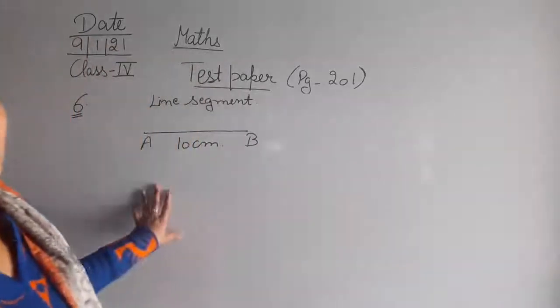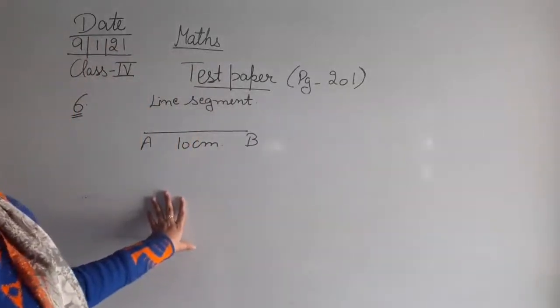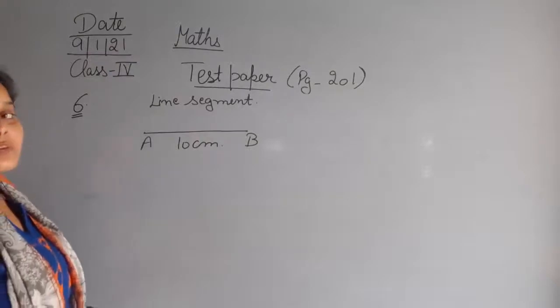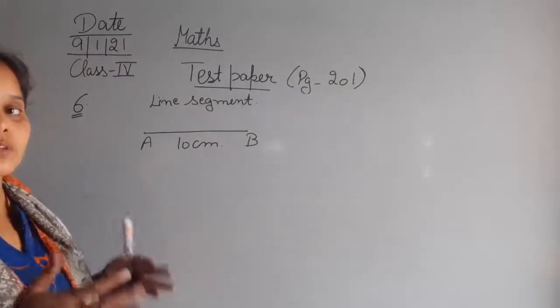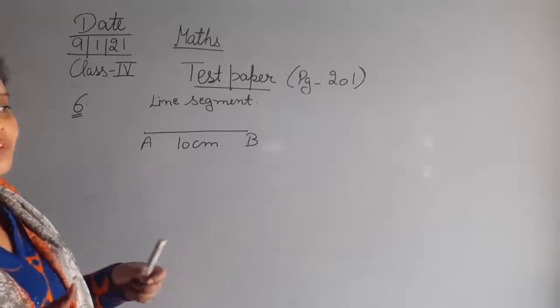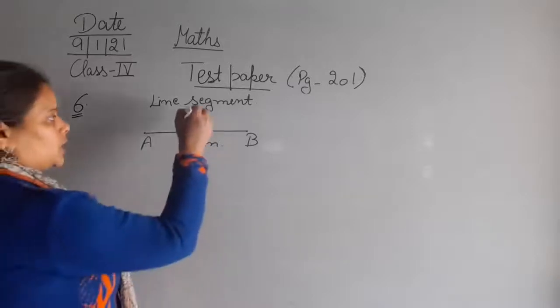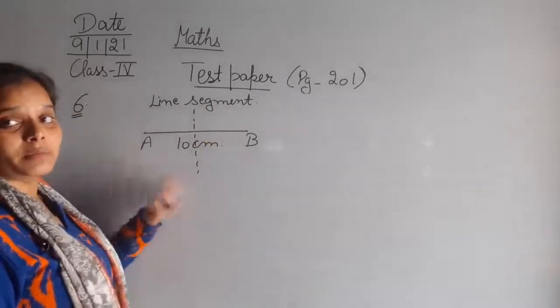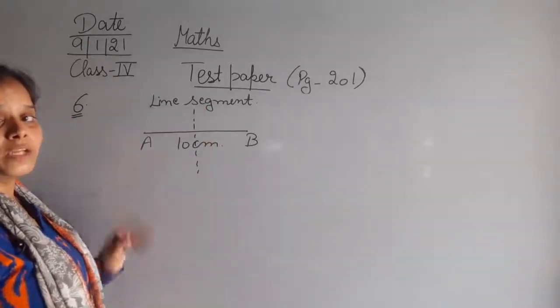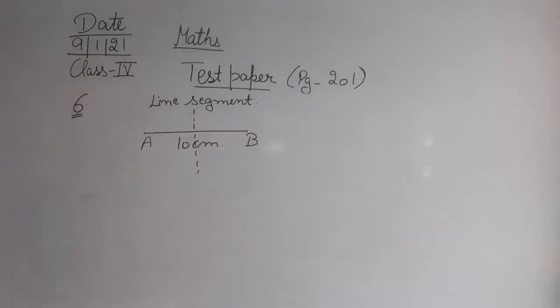तो इस line segment में हम कितनी line of symmetry draw कर सकते हैं? Line of symmetry means a line that divides the given figure into such parts that they look mirror image of each other. Okay, so we can divide it like this. If we divide it like this, that will be the mirror image. So we can draw only one line of symmetry of a line segment.